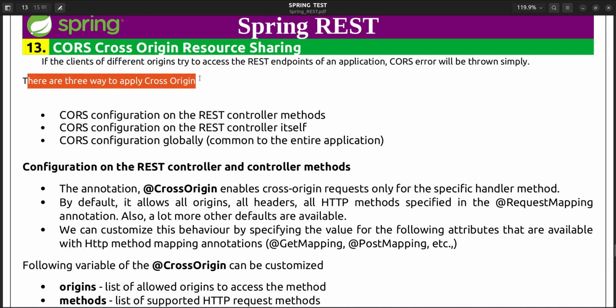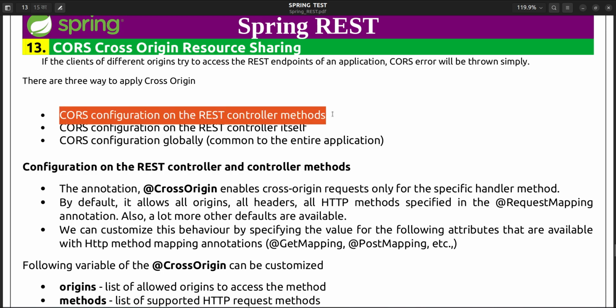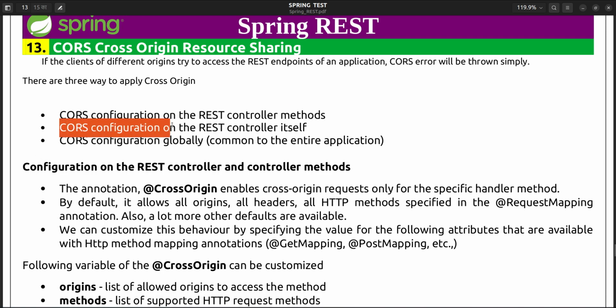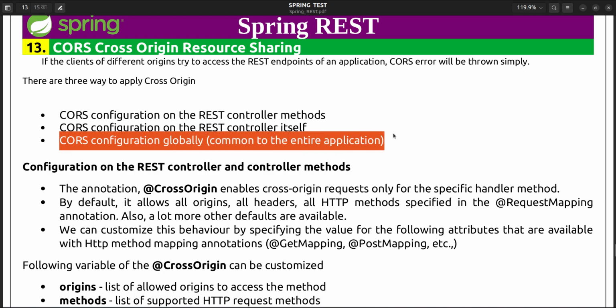There are 3 ways to apply cross origin. Cross configuration in a REST controller method: in the REST controller method, you can apply cross origin. Another one, cross configuration on the REST controller itself. And cross configuration globally, common to the entire application.